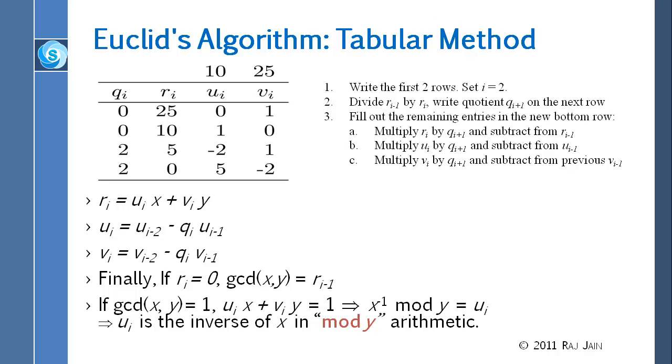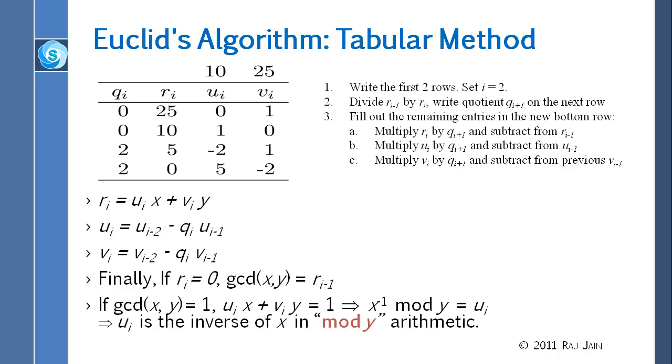What this means is, whatever is in the remainder column, if you multiply the U coefficient by 25 and the V coefficient by 10, then you should get R_i. Every single row that will be true. For the first row, this is true. If I take 25, multiply by 1, take 10, multiply by 0, and add the 2, how much do I get?